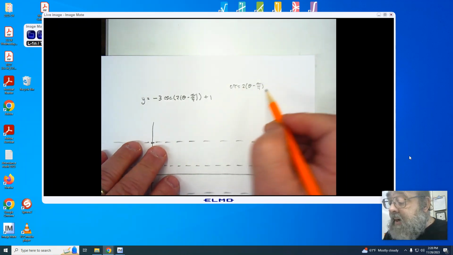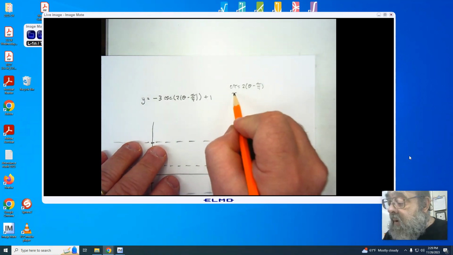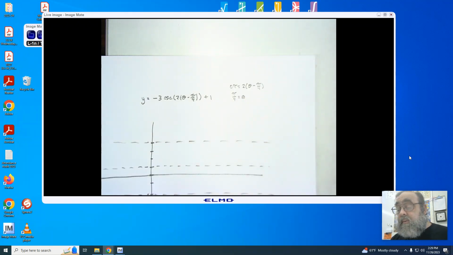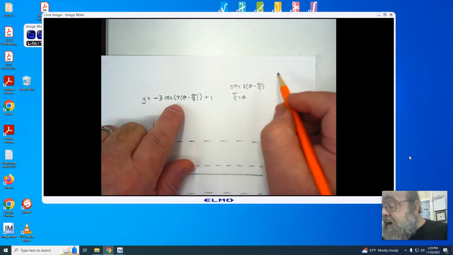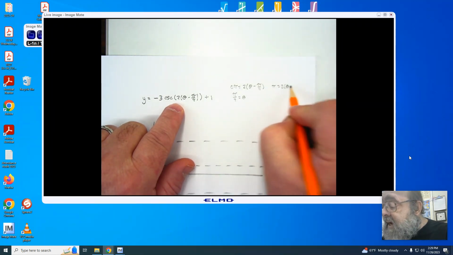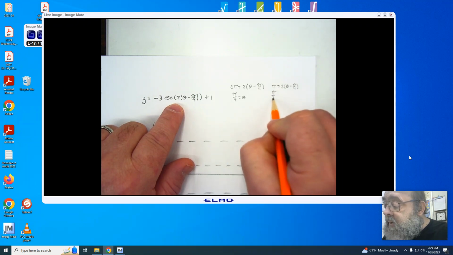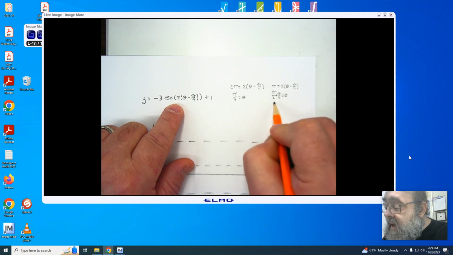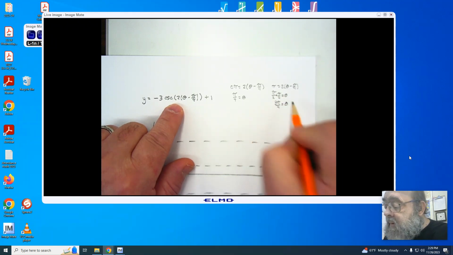We divide by 2 and add pi over 4, and we find that pi over 4 is the location of our first asymptote. We're now going to take pi. Pi equals 2 times theta minus pi over 4. Pi over 2, we add the pi over 4, and we find that theta is 3 pi over 4.